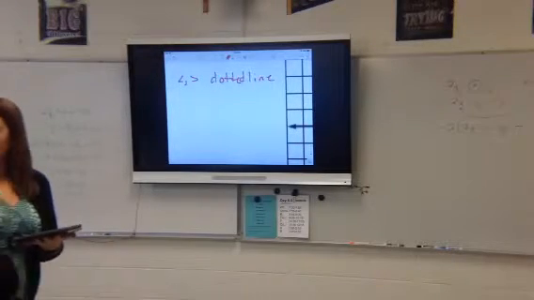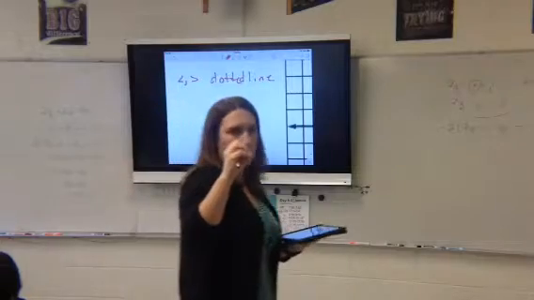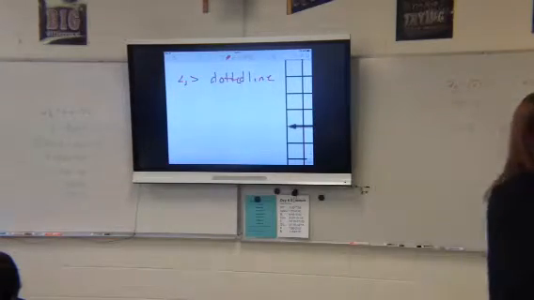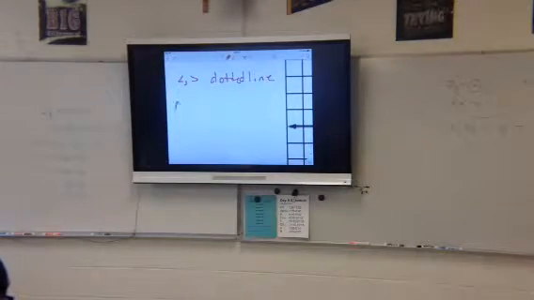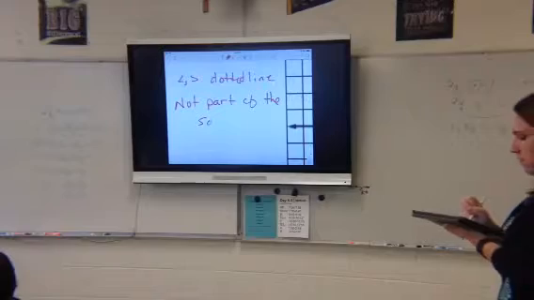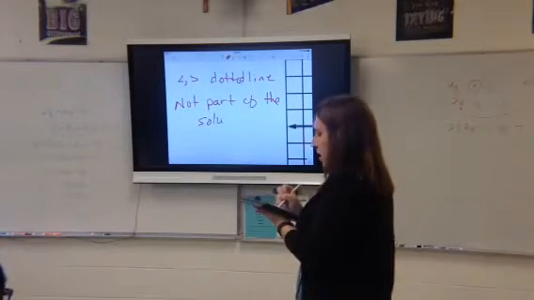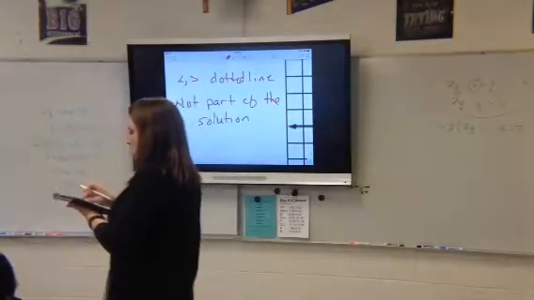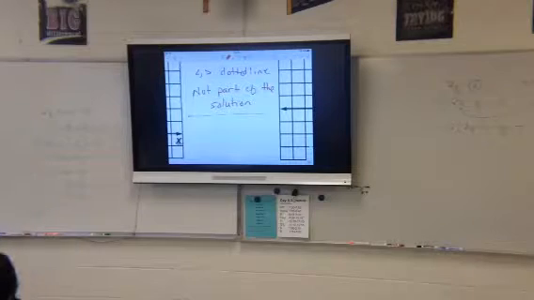When we were graphing and we did open circles, that wasn't part of the solution. It's the same concept here. If we have a dotted line, that means not part of the solution. If I have less than or equal to, greater than or equal to, that's going to be a solid line, and that's going to be part of the solution.